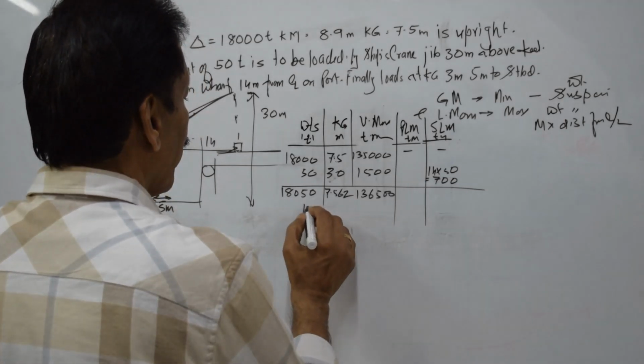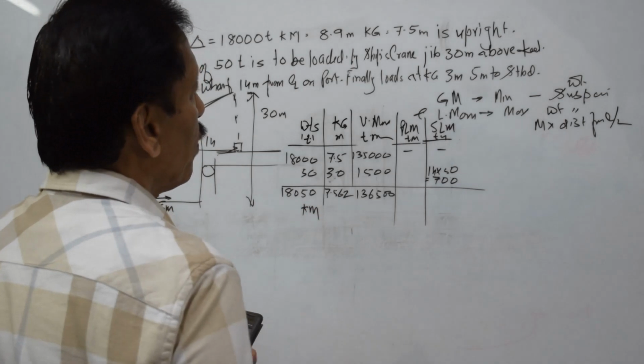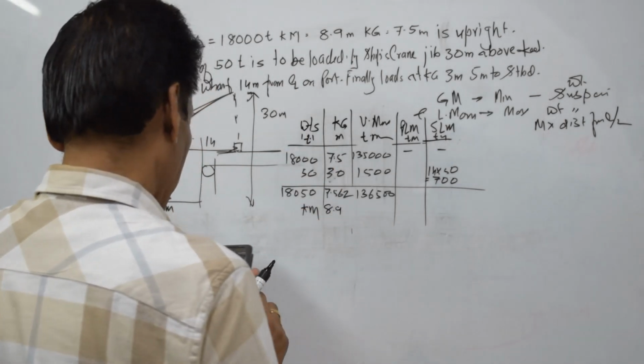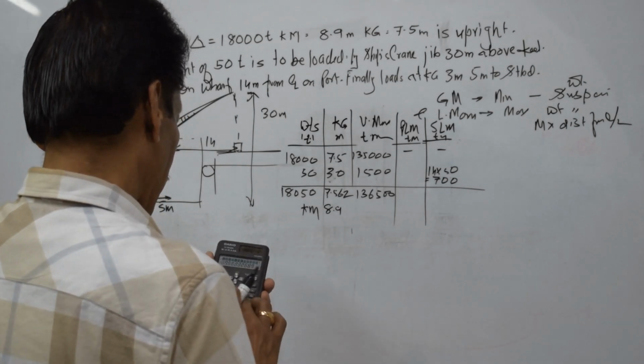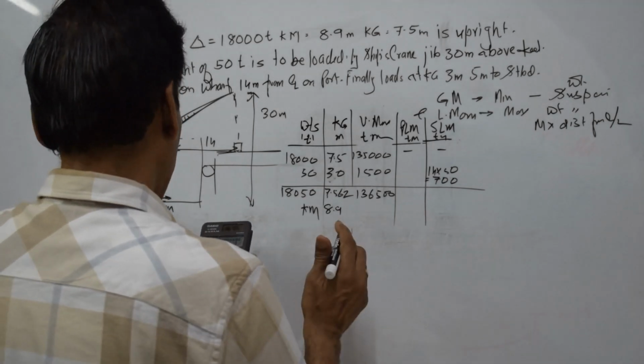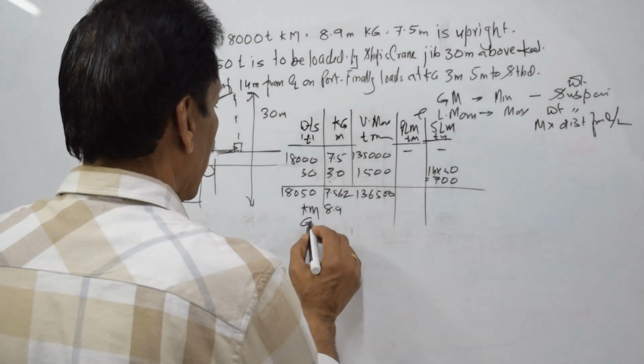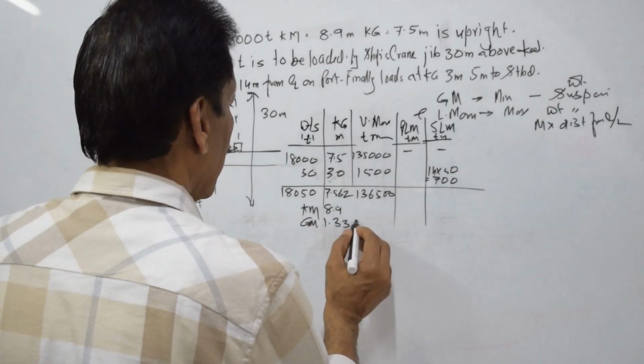The KM remains unchanged at 8.9 meters. So the GM is 1.337 or 1.338. So GM is 1.338 meters.